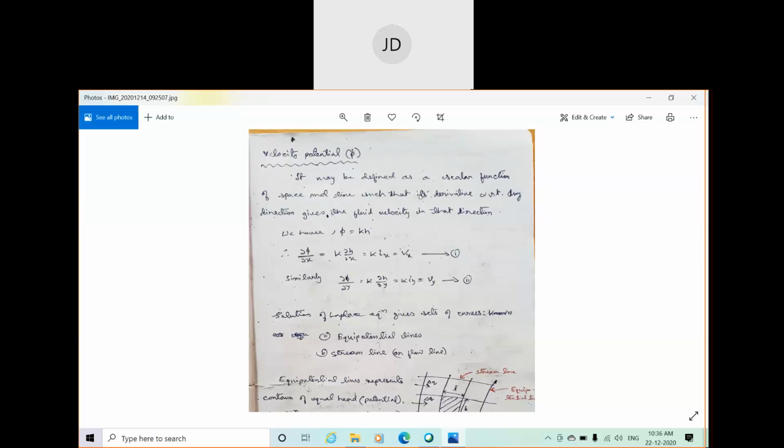This is the significance, or importance, of velocity potential.